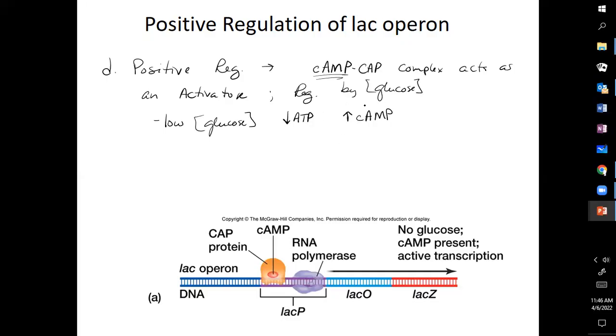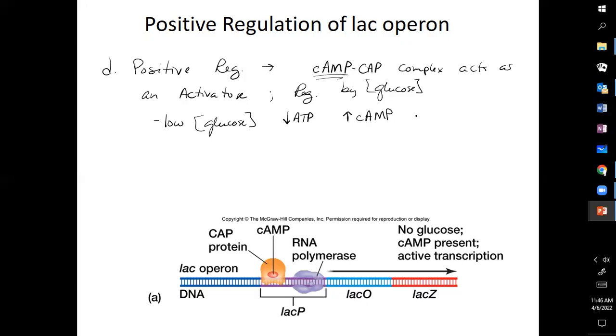It's an inversely proportional relationship. So when glucose goes down, energy levels go down, but cyclic AMP levels go up. This is sort of indicating that the cell's in a low energy state. And it acts as sort of an effector molecule here.